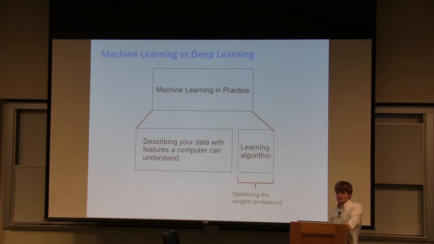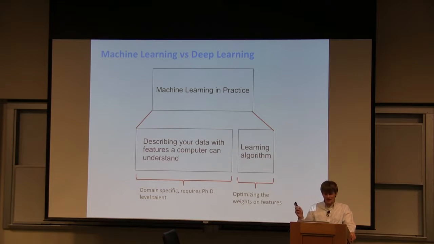And really, the learning algorithm is just very simple optimizing of weights, basically saying this feature matters this much for this example. And it used to be that to do the overall process very well, you had to have a lot of experience, maybe even a PhD in that specific domain, to do well overall.